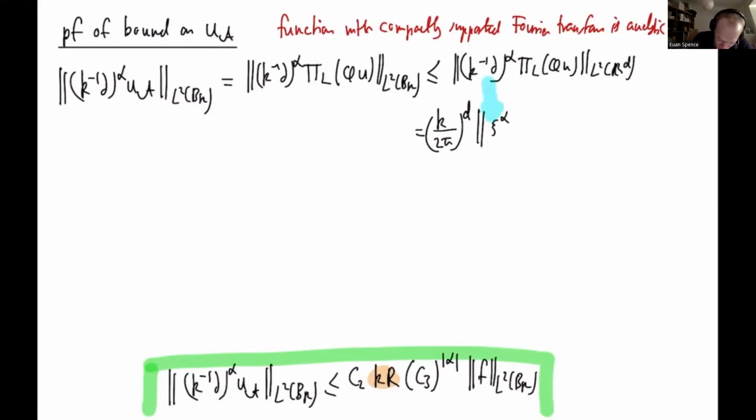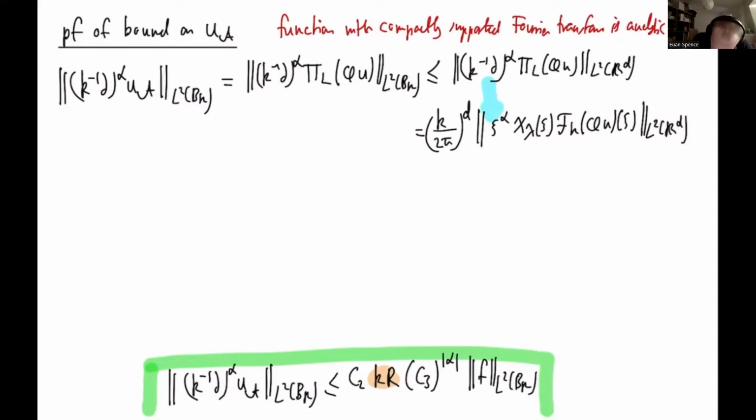Then the Fourier transform of pi L is just the indicator function cutoff times the Fourier transform of phi U, with variable psi, in L2 of R^D. This is by Plancherel, not Parseval.